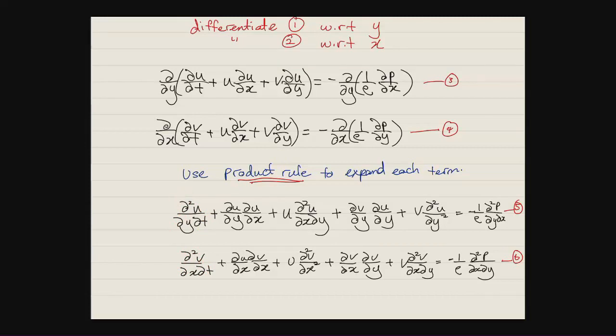Okay, so I'm going to get del over del t, times del u over del y minus del v over del x.